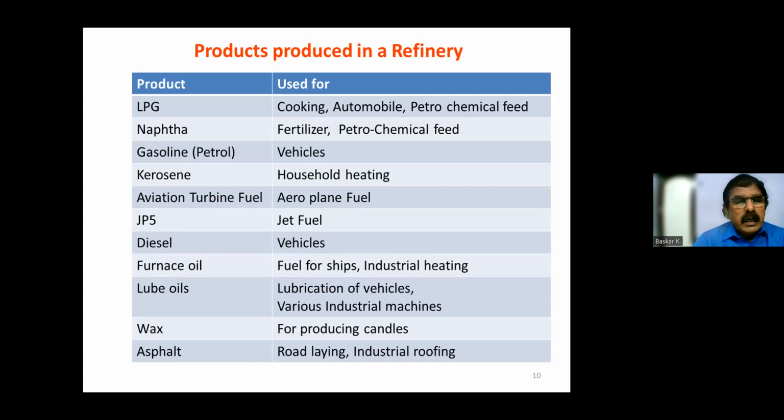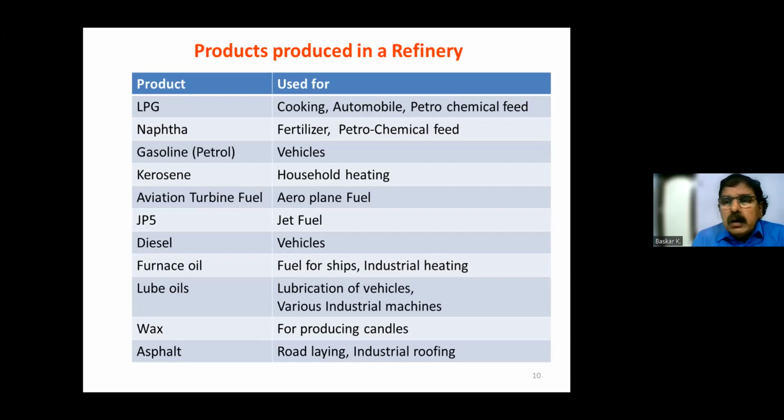Okay, and then we have aviation turbine fuel that is used for aeroplane fuel, and JP5 that is used for jet engines. You will be surprised to see that aviation turbine fuel and JP5 are the improved versions of kerosene. Many people used to think that aeroplane uses petrol as a fuel. It is not so.